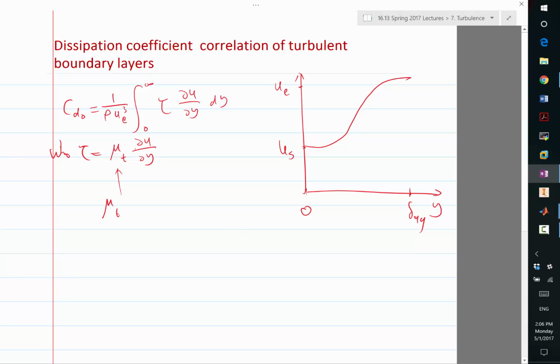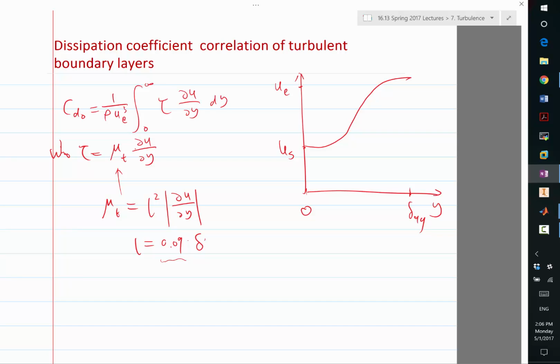So assume mu t is equal to a constant mixing length L squared times the magnitude of du dy, and that L is equal to about 0.09 times the thickness of the boundary layer. This is a result of tuning with respect to measurement data.